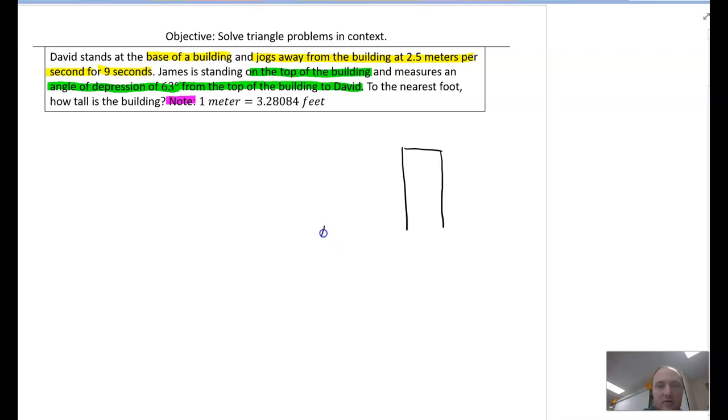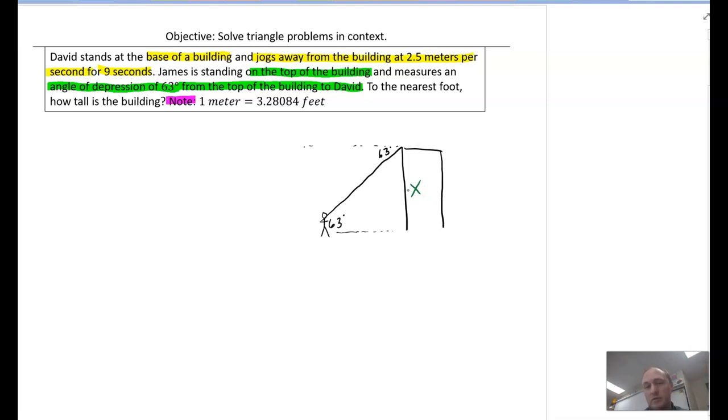Here's David, and he's running away, going this way. The angle of depression formed by him is 63 degrees. So this is 63, which also means that the angle of elevation is 63. They want to know how tall the building is. So here's x, the height of the building. I want to find that.